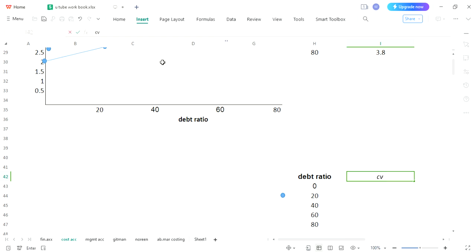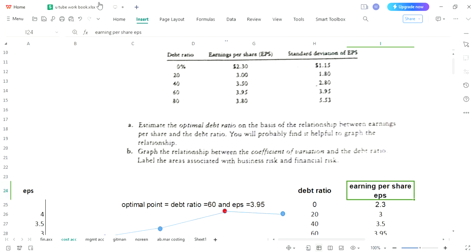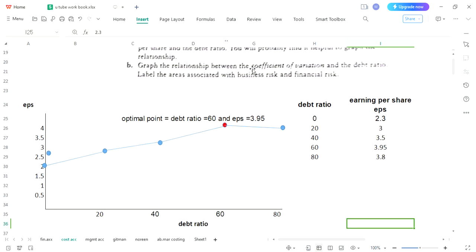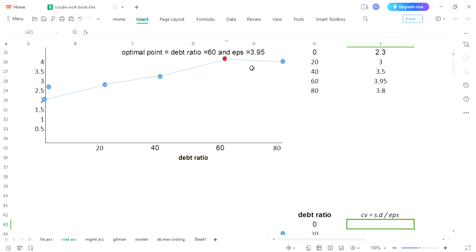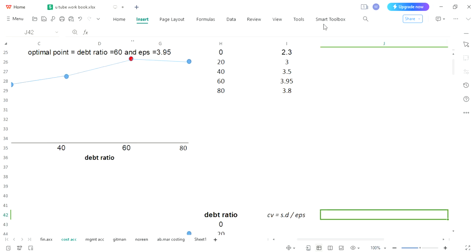CV, coefficient of variation, would be calculated by dividing standard deviation by EPS. And as you know, EPS is also given in our question, earning per share, and standard deviation is also given. So simply this standard deviation would be divided by EPS, earning per share. So it's better to write it so that we can have a complete solution.